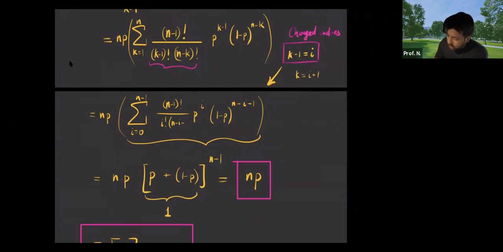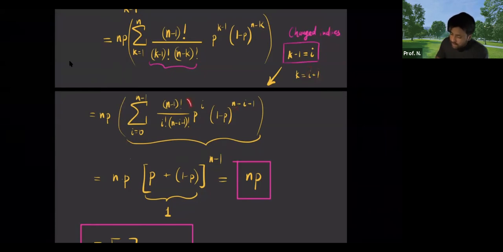So again, this is just like technical little details here. And so this is what I get at the end. When I plug in the k here with the i plus 1, when I distribute the negative, I get n minus i minus 1.